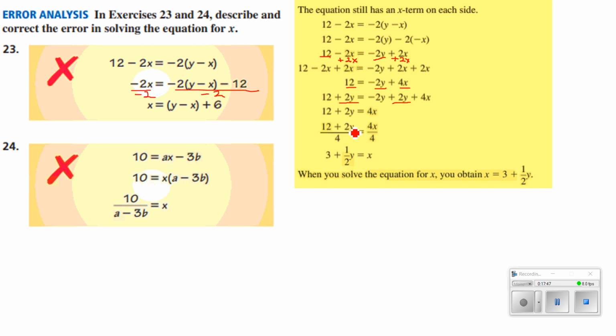When I do that, I realize all these numbers are divisible by 2. So I can say that 4 divided by 2 is 2, 12 divided by 2 is 6, and 2 divided by 2 is 1. Now, I could do that, or I could go a step farther, and that's what they did.